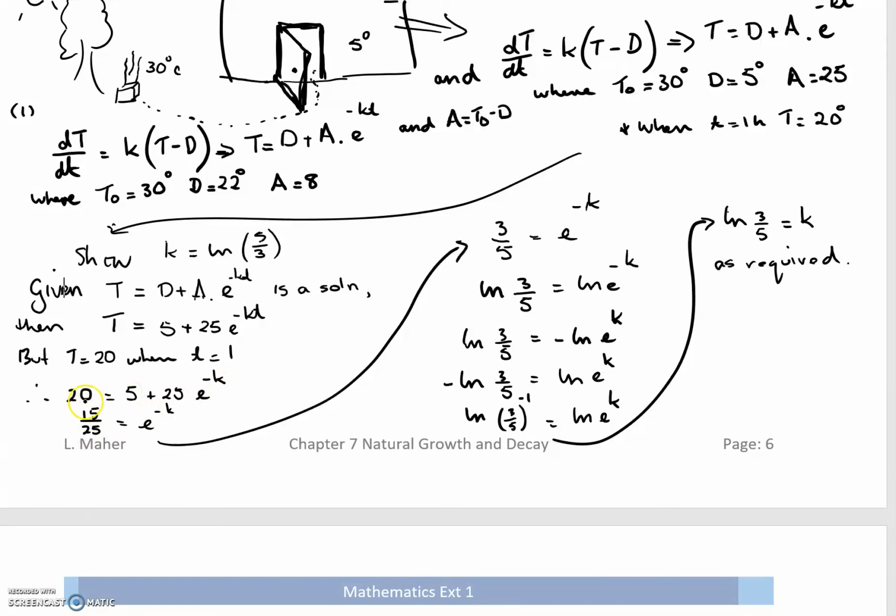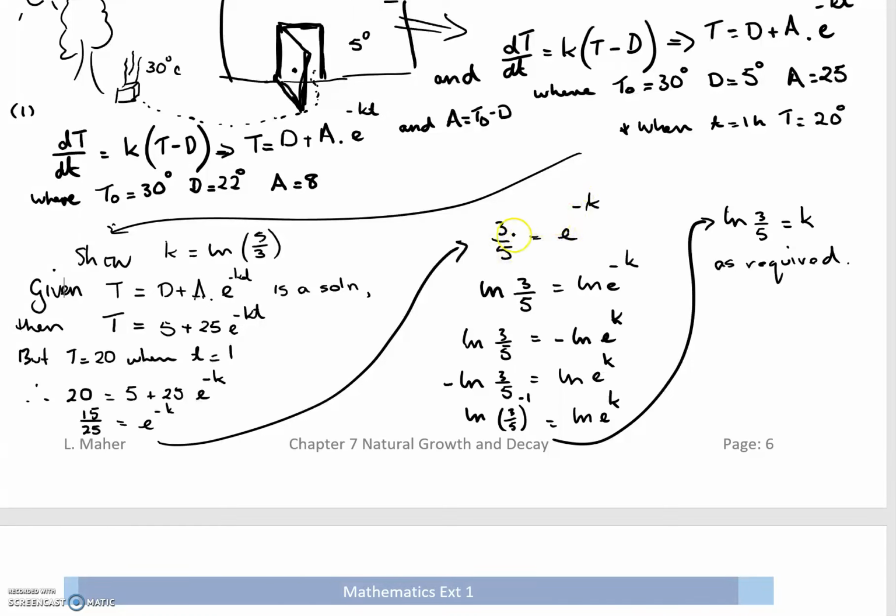Now subtract 5, is 15 on 25. Do we really want a fraction 15 on 25? That is 3 on 5. So 3 on 5 is e to the minus k, and we know that over here we've got to get the log of 5 on 3.